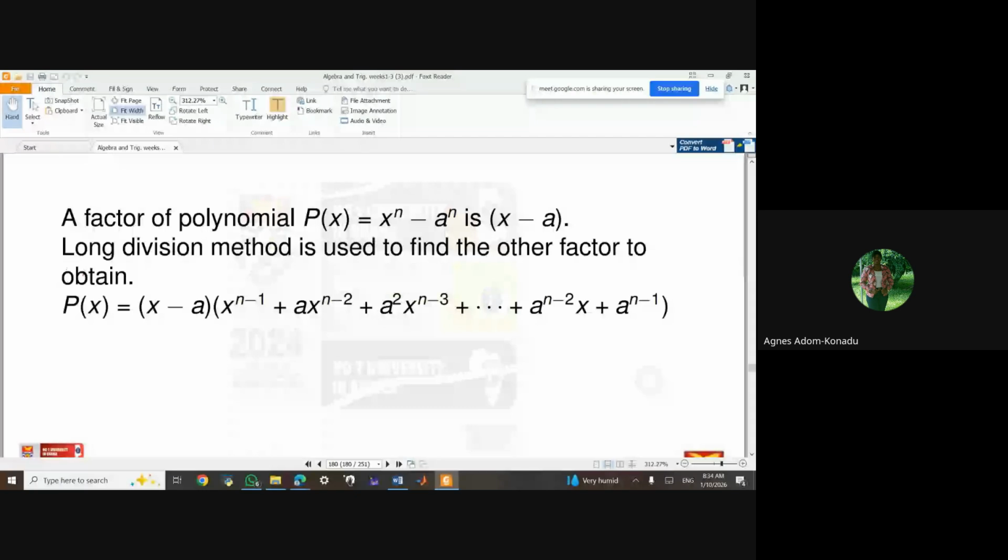Okay, so we are looking at factorization of the polynomial x to the power n minus a to the power n.